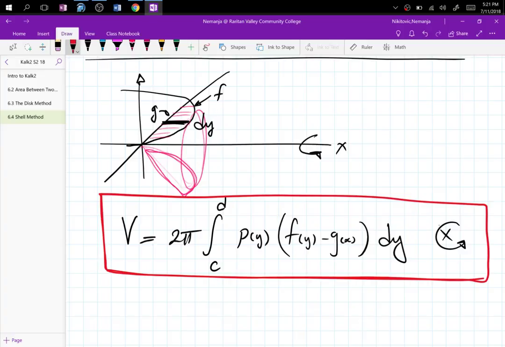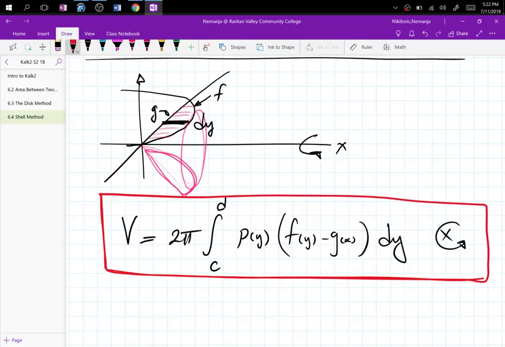But then we upgraded that into f minus g for area between two curves. Then we said, let's rotate and have pi integral of f squared dx. And then we said, but wait, what if we have two functions? Well, that was pi integral of f squared minus g squared dx.